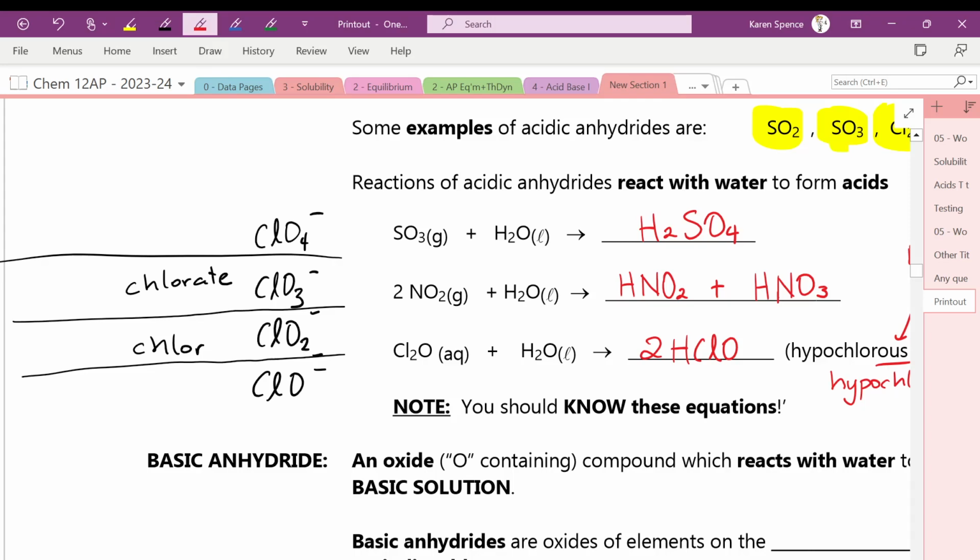What is ClO2? Chlorite. And what do we have to add on to chlorite to make it one less oxygen? It's still going to be chlorite, but we're going to add on hypo. Hypo means below. A hypodermic needle goes below the skin, below the dermis.